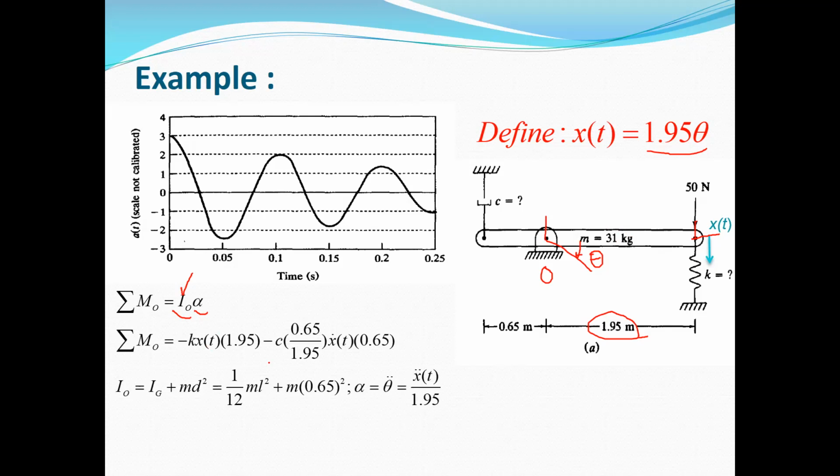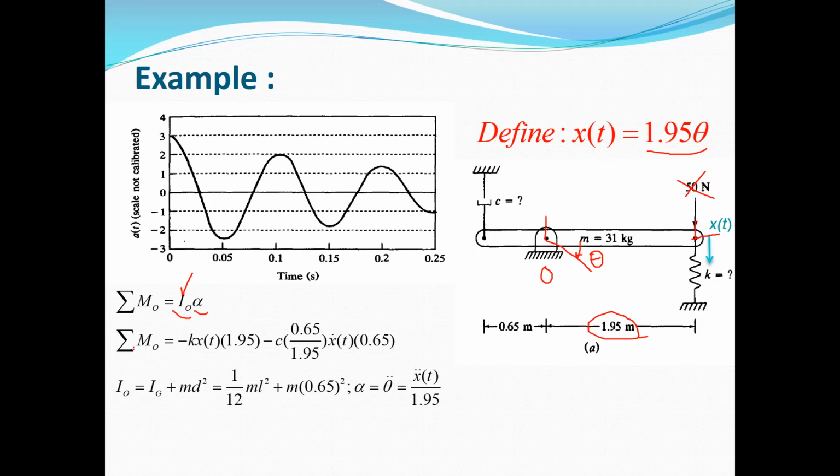But here you can see we neglect the weight, and also we neglect this 50 Newton force, because first of all, the weight will create some initial deflection in the spring. So we neglect the weight and also the initial deflection in the springs, because these two terms cancel out each other in the equation of motion. But this 50 Newton force, in fact, only creates some initial condition, so it's not considered in the equation of motion.